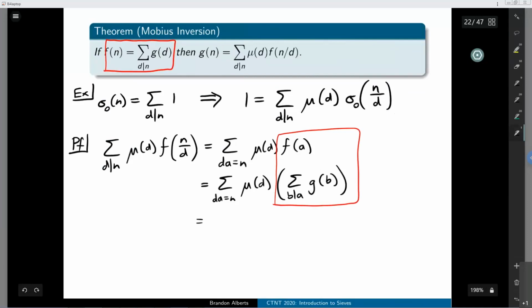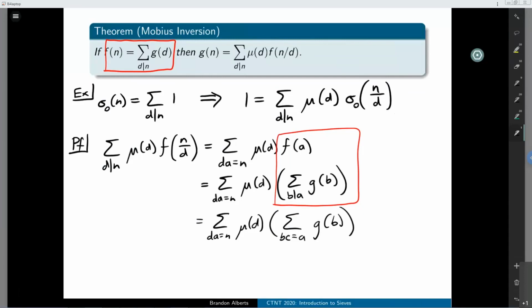All right. Well, let's do that same thing again. Instead of writing a sum over divisors of a, let's write it as a number of ways that you can factor a as a product of two integers, like that. And now the a doesn't play a role in the sum anymore.